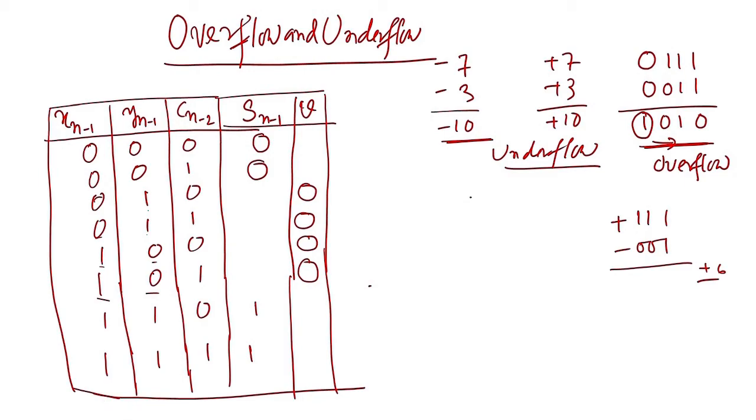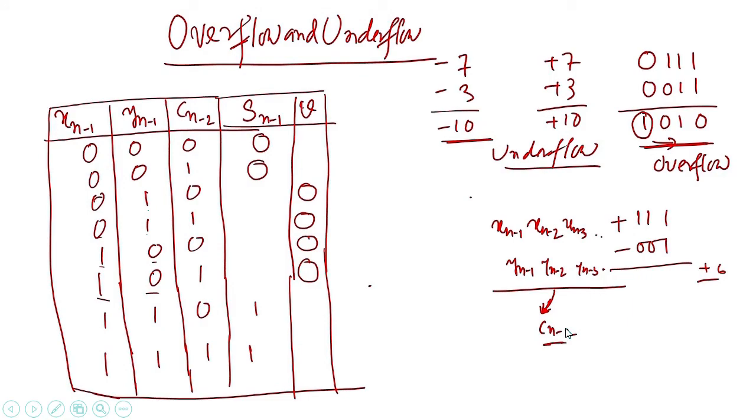Now, let us say x n minus 1, x n minus 2, x n minus 3, similarly y n minus 1, y n minus 2, y n minus 3, and so on, and you add them. When will there be overflow? From here, that is C n minus 2, you are adding two positive numbers.